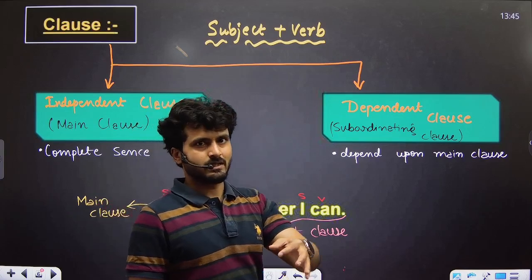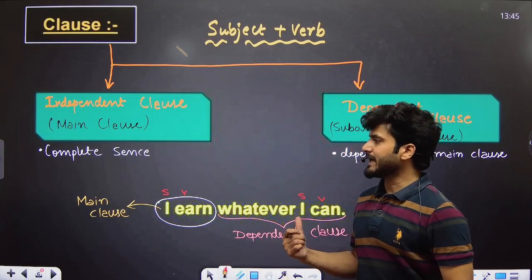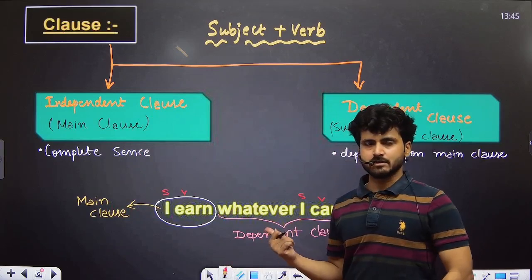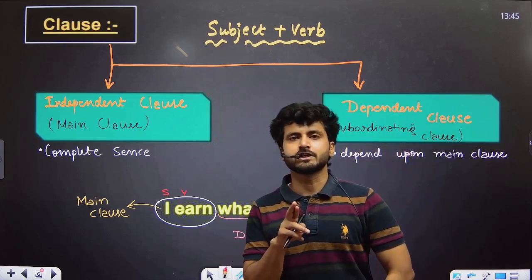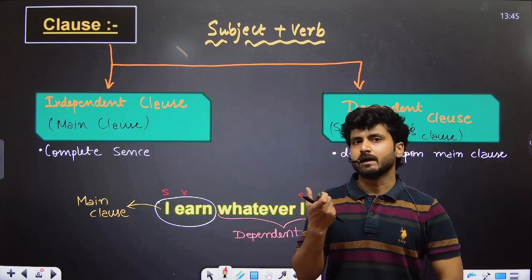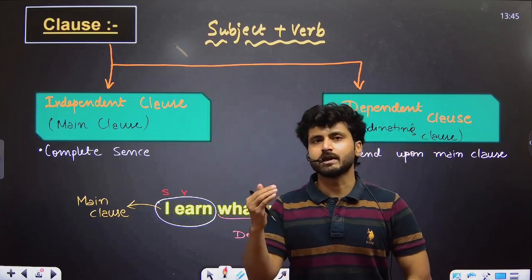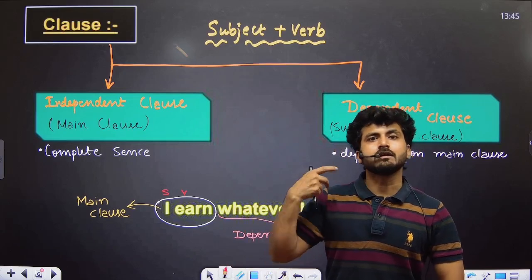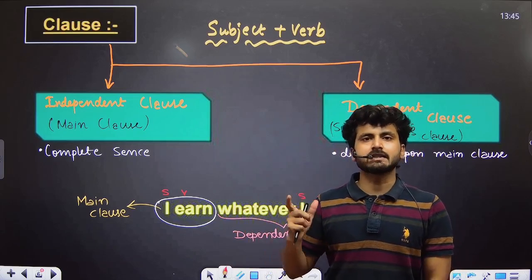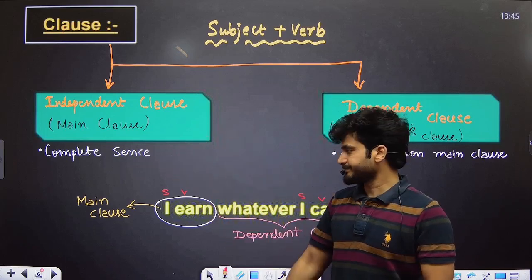Clauses have the subject and verb, and there are two further major classifications: independent and dependent. Independent gives you complete sense, and dependent gives incomplete sense. It requires the help of the main clause to convey the sense.